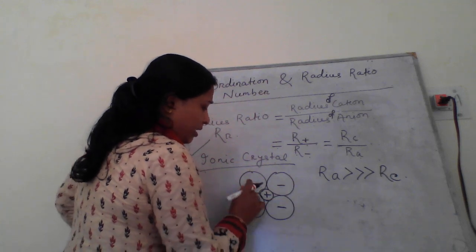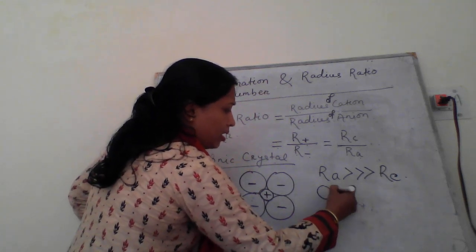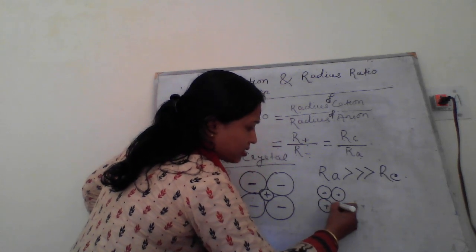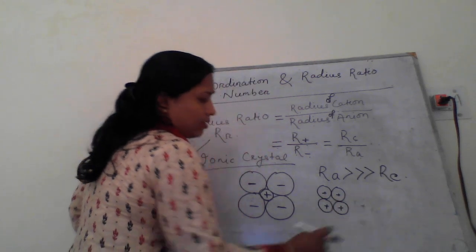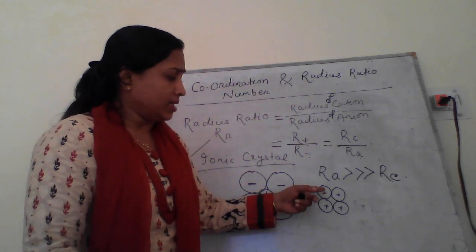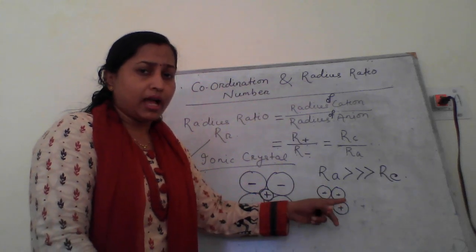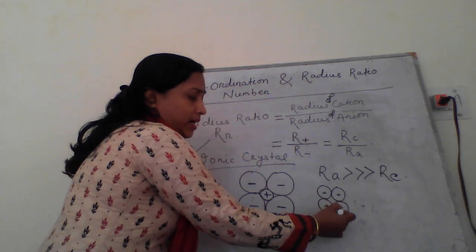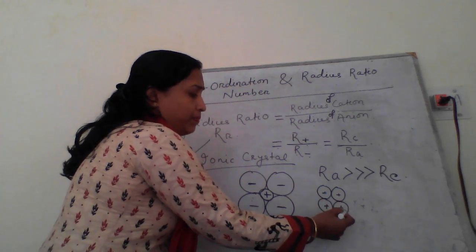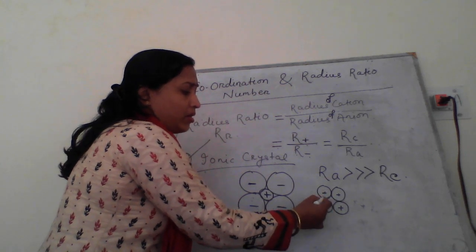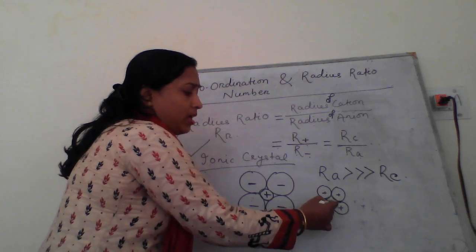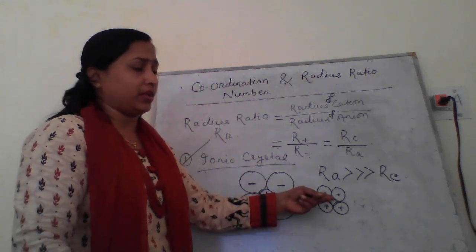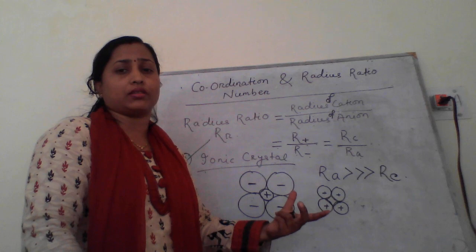Look, if we put the anions inside the voids, is it possible? Cations are of smaller size, anions are of larger size, and the voids are also small. So the anions are not placed in between the voids due to their larger size.